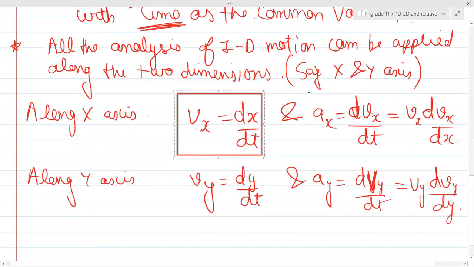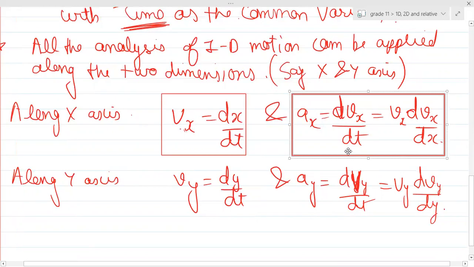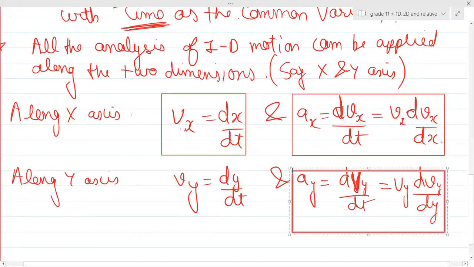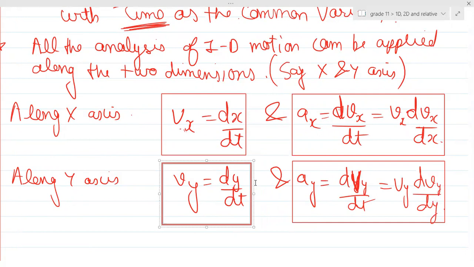Control C, Control V. So basically, this is how you'll analyze it. Okay? Shall we start with a question?